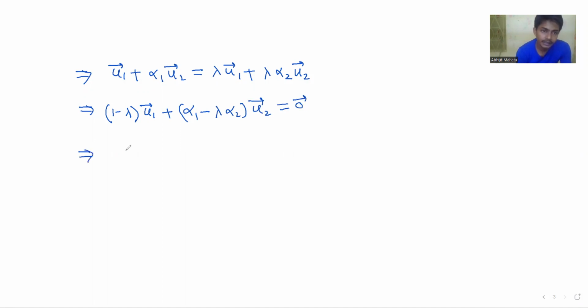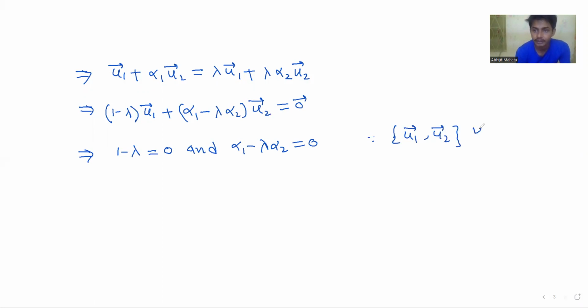Now from here it is clear that 1 minus lambda equals 0 and alpha 1 minus lambda alpha 2 equals 0. Why? Because this is a basis, so it is linearly independent, so the scalars are 0.